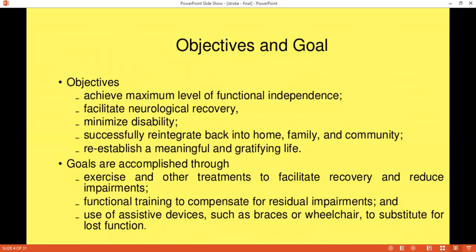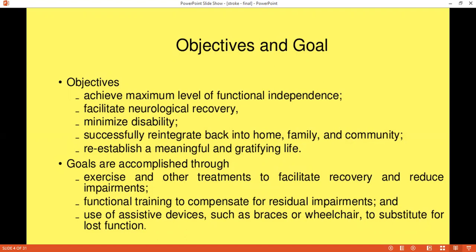What are the objectives and goals of recent trends in stroke rehabilitation? To achieve the maximum level of functional independence, to facilitate neurological recovery, to minimize disability, to successfully reintegrate back into home, family and community, and to re-establish a meaningful and gratifying life.